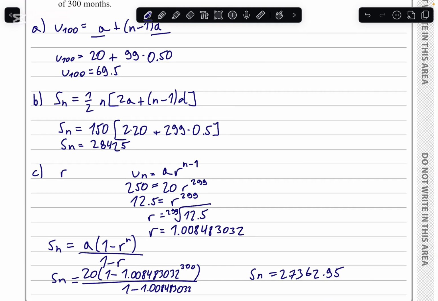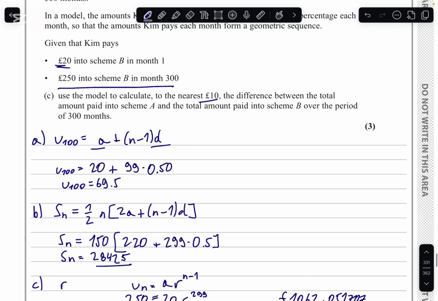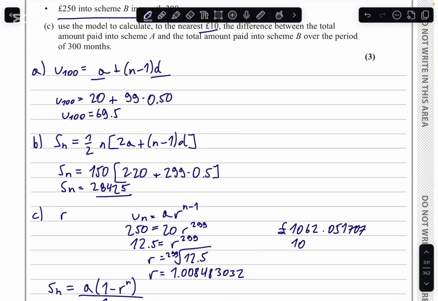So we just go ahead and take this value away from this, and we find the answer, which is 1,062.051707 pounds. But we need to give it to the nearest £10, so it's 1,060 pounds.